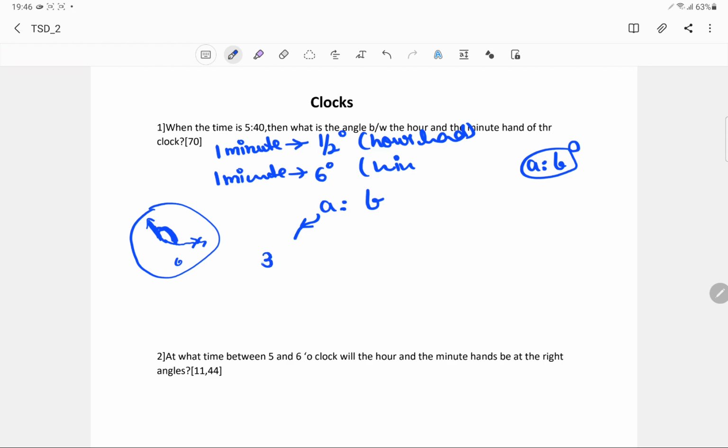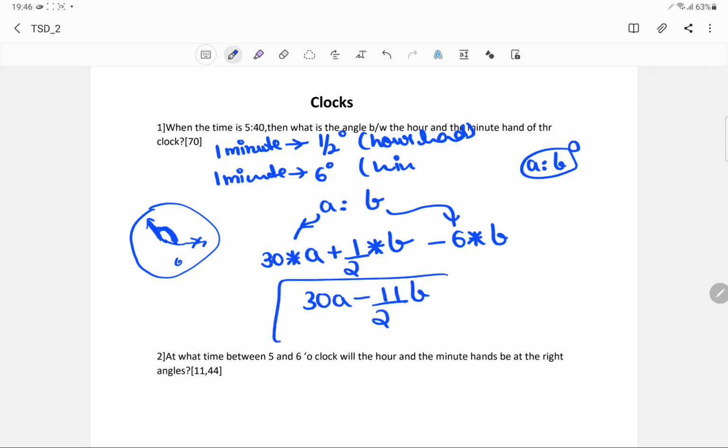So this would be nothing but 30 into A. This is the angle that the hour hand has created with respect to the given A. It would also make an angle of half a degree with respect to the B, and the minute hand is just concerned about this B. This would be minus 6 into B, and this is nothing but 30A minus 11/2 into B, and this is the formula that you have. Also, this would be a modulus in case you want to get the absolute value.